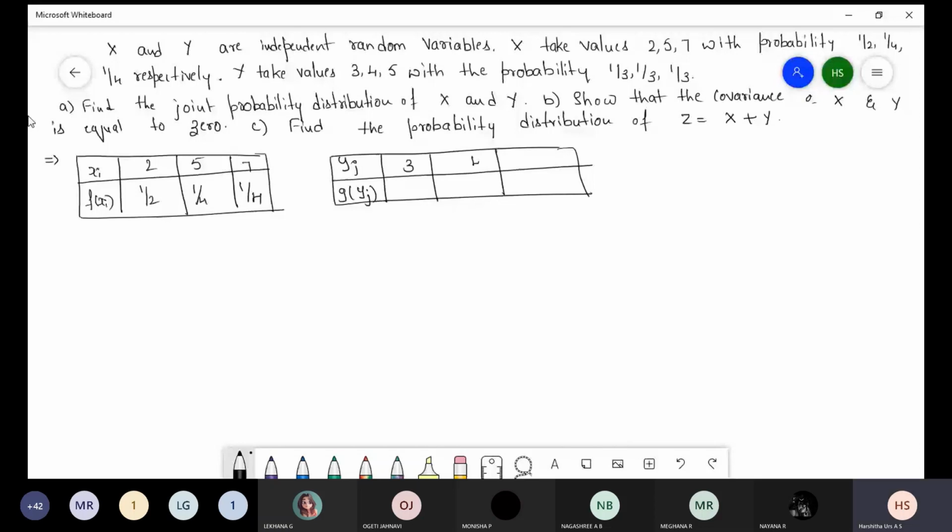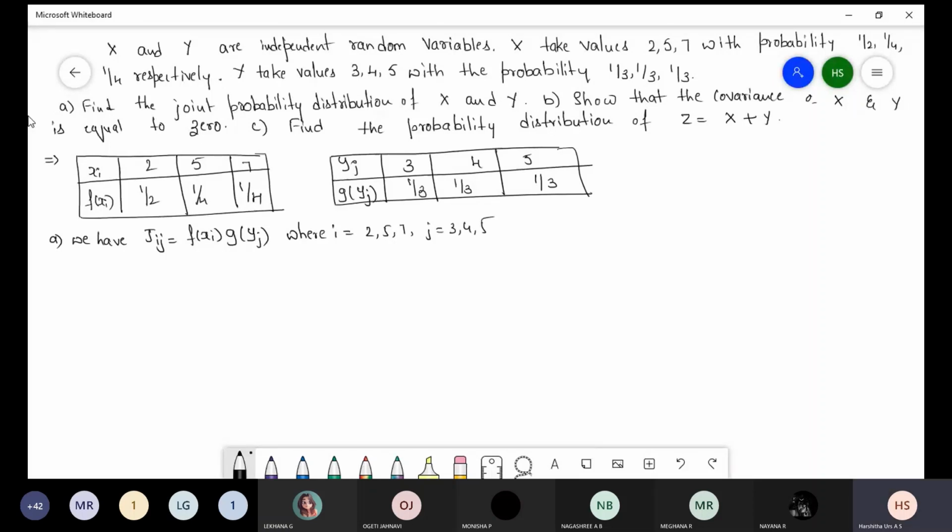First, same thing by using the definition, we have Jij is equal to f of xi into g of yj, where i is equal to 2, 5, 7, j is equal to 3, 4, 5.